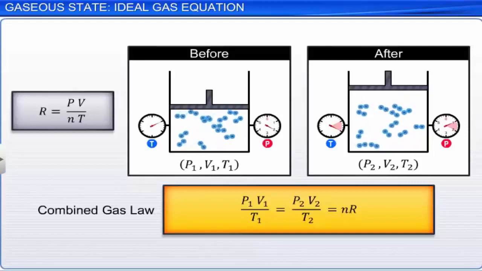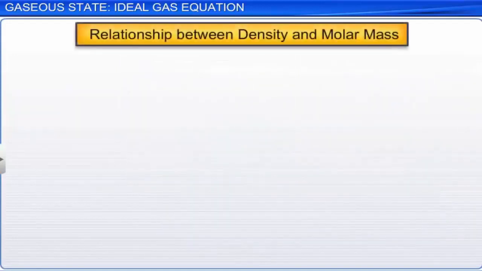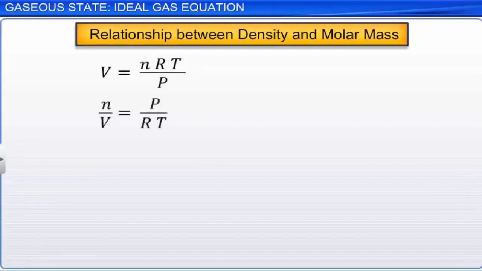To understand the density and molar mass of a gaseous substance, we have to rearrange the ideal gas equation to N divided by V is equal to P divided by R into T. On replacing number of moles N with mass of the gas m by M, we get the equation m divided by M into V is equal to P divided by R into T, where M is molecular mass of the gas.